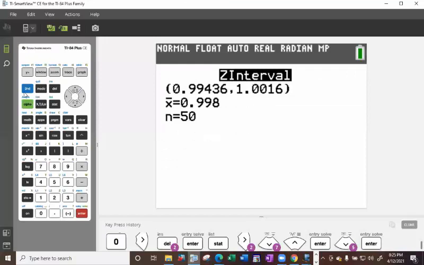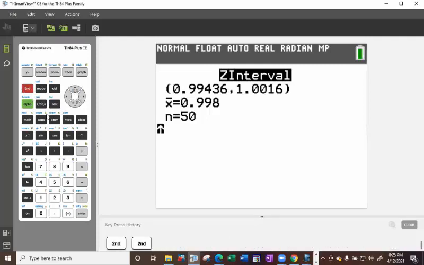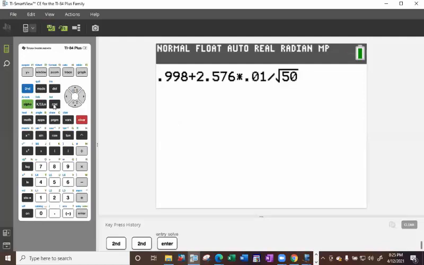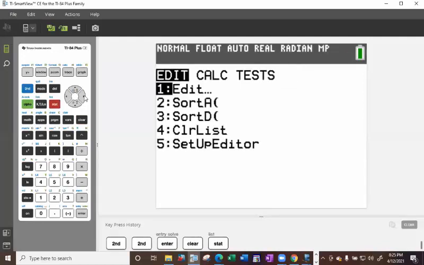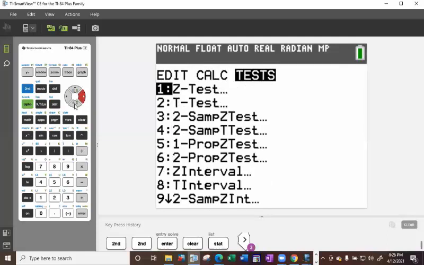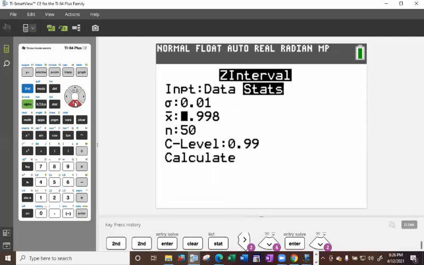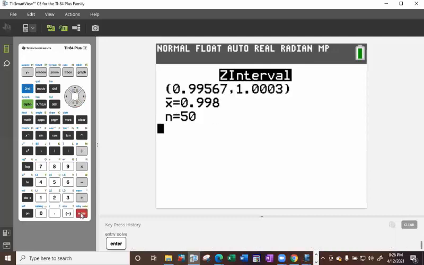Let's see. Oh, I don't need a second there. Let's see if this works. 90%. All right.